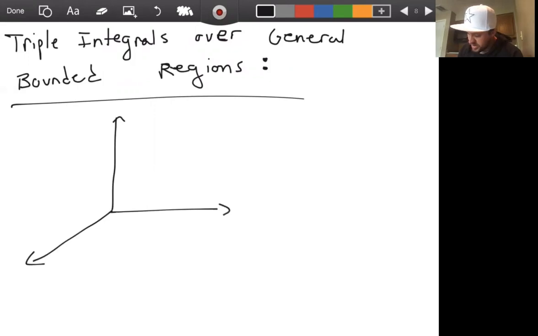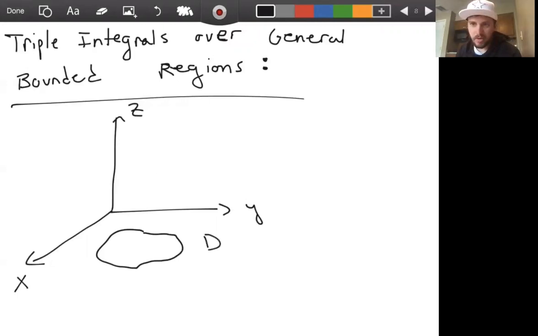So let's look at some generalized region now. So here's x, y, and z. And let's say in the xy plane, we have some sort of arbitrary domain D, or some closed and bounded region D, right?